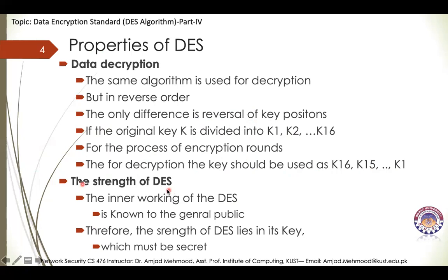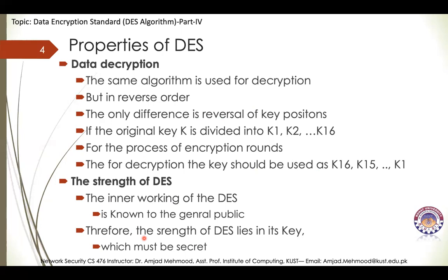Now the strength of DES: the inner working of DES is public, everybody knows this, and the explanation is widely available over the internet. But the strength of DES is its keys. As you know, DES is based on 16 rounds, and for each round you have a different subkey.